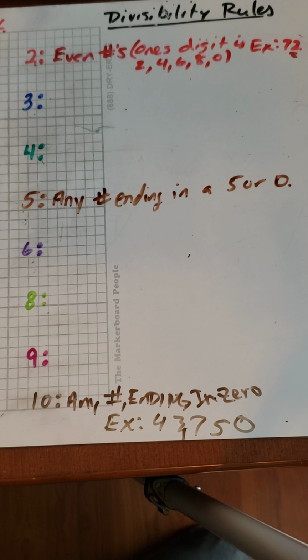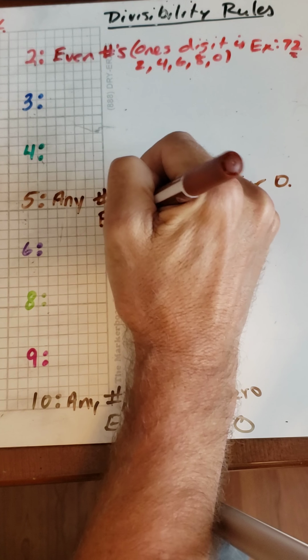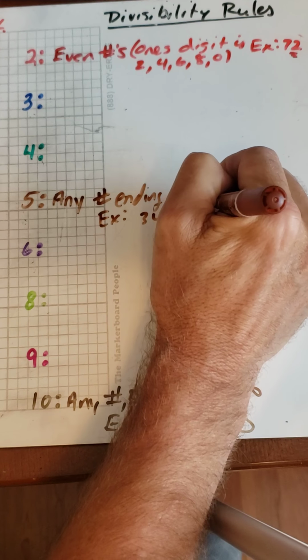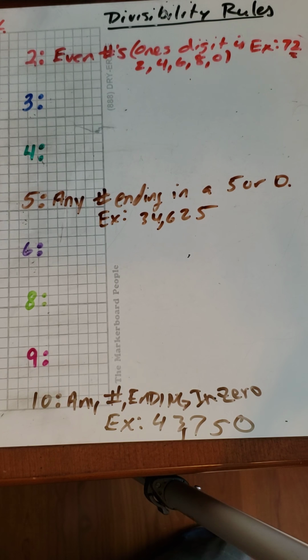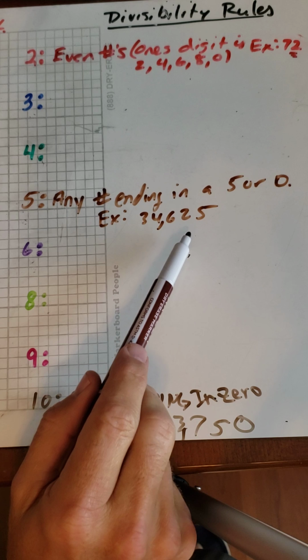So the ones digit is either a 5 or a 0. An example of that might be 34,625, which is divisible by 5.